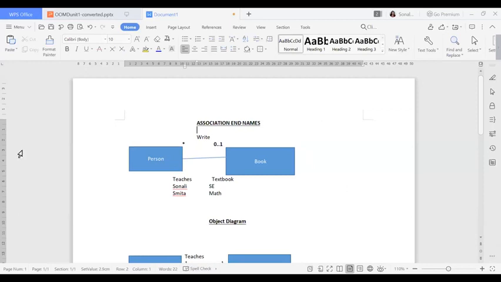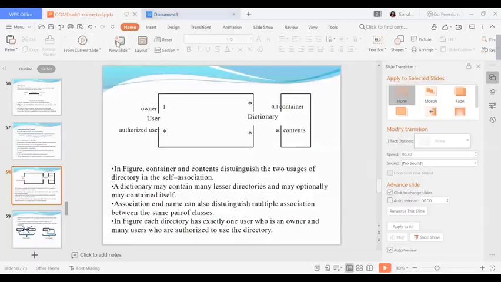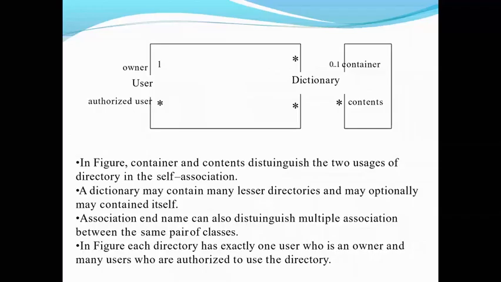Now moving towards one more concept on your slide. You can see what is happening here. Here you can see the association end names which will have two objects of the same class. There will be two objects. How are we going to distinguish them, and how are we going to write them? You can see the relationship, directory is there.